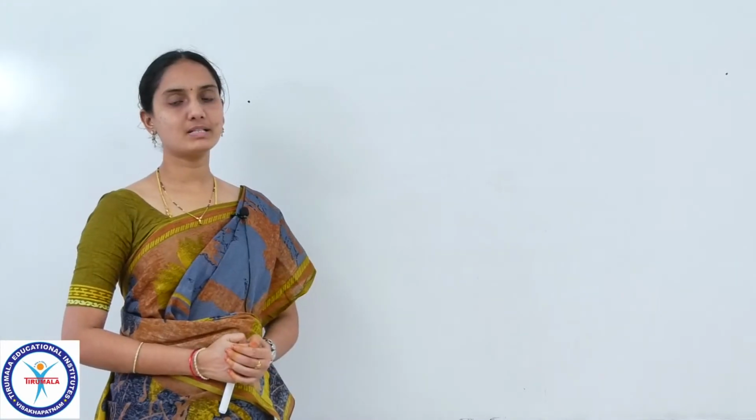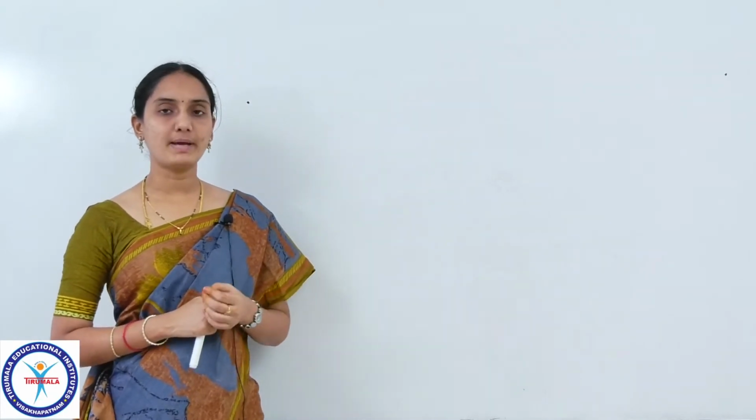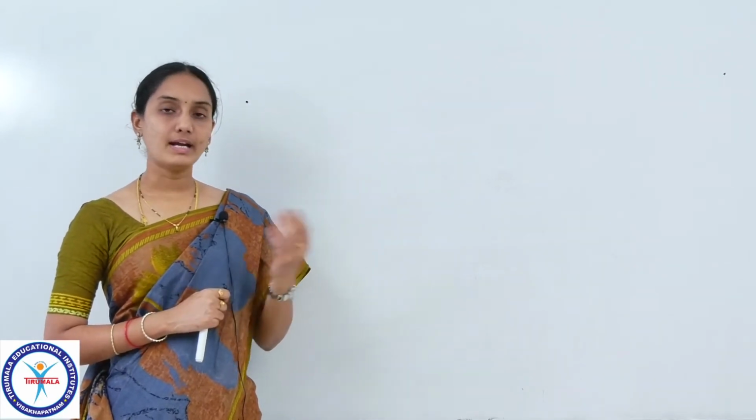Besides the simple elements and ions, the solute we have taken may also be a compound, children. So if it is a compound, then you have to check whether it is an acid or a base or a salt. And again the salt may be an acidic salt, basic salt or neutral salt. So to which category does this solute belong?